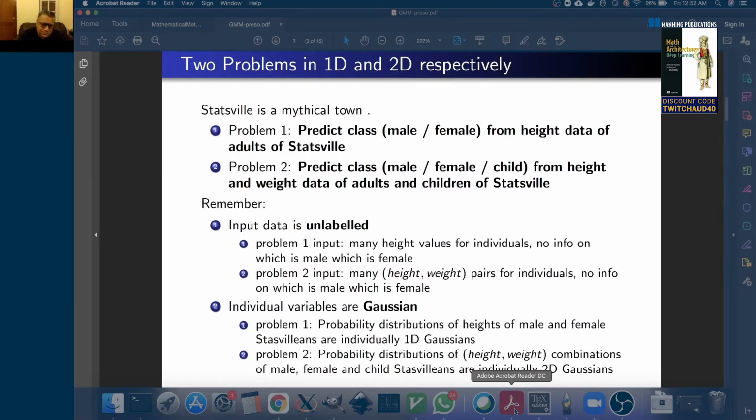And for problem two, this means that we will have two-dimensional Gaussians. Height and weight would be the independent variables, and probability, of course, is the z-axis.